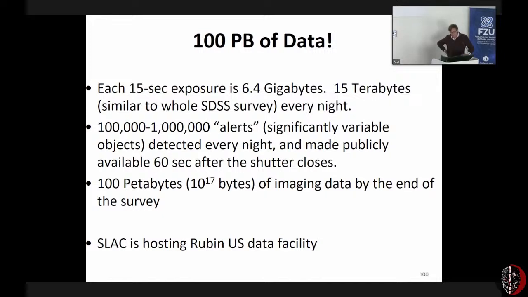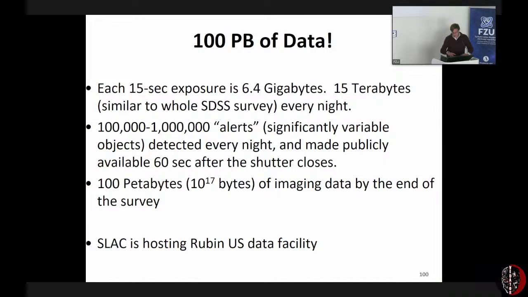This packet should be available 1 minute, 60 seconds, after the shutter closes. You provide it to what they call brokers, and they distribute it to other telescopes, for example, to follow up these events. That's a whole different story, how to do that.